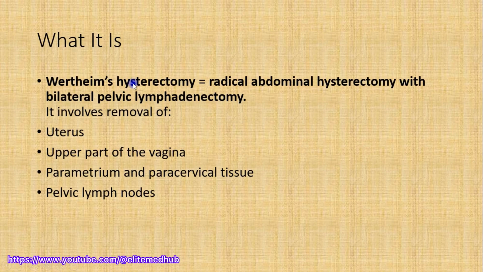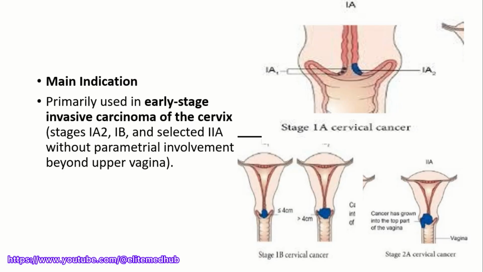So, what is V times hysterectomy? This is radical abdominal hysterectomy with bilateral pelvic lymphadenectomy. It involves removal of the uterus, upper part of the vagina, parametrium, and paracervical tissue, as well as pelvic lymph nodes.